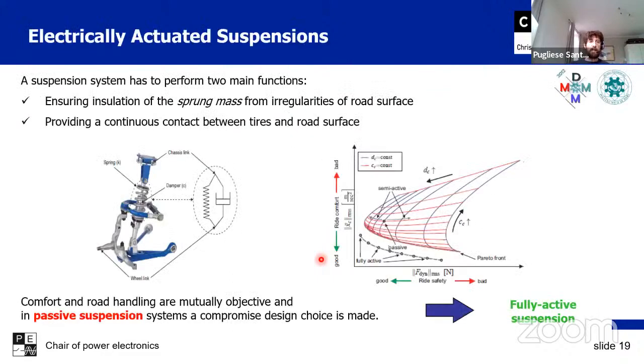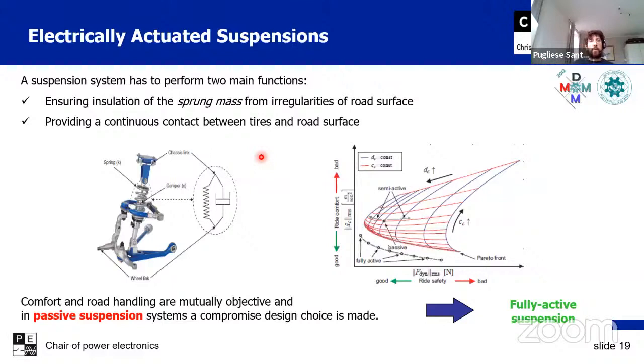Now we can go a bit more into the application of the electrically actuated suspension. Two are the main tasks that a general suspension should fulfill. One is to provide comfort, which means we have to isolate the body, the chassis, from the irregularity of the road. The other, from the security point of view, is that we have to provide always a continuous contact between the tires and the road surface, which is called road holding.